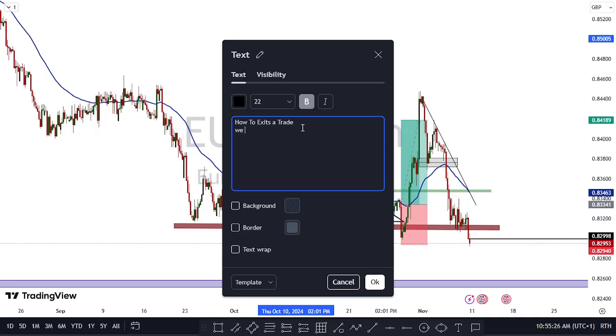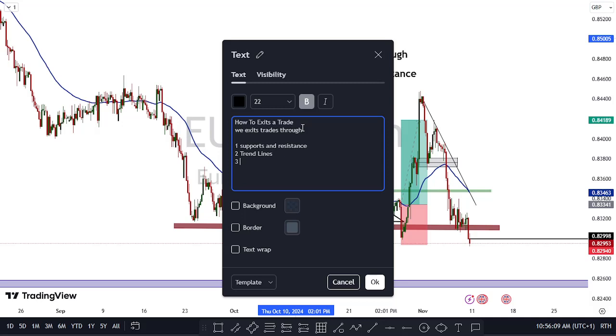We exit trades through: one, support and resistance. Two, trend lines.